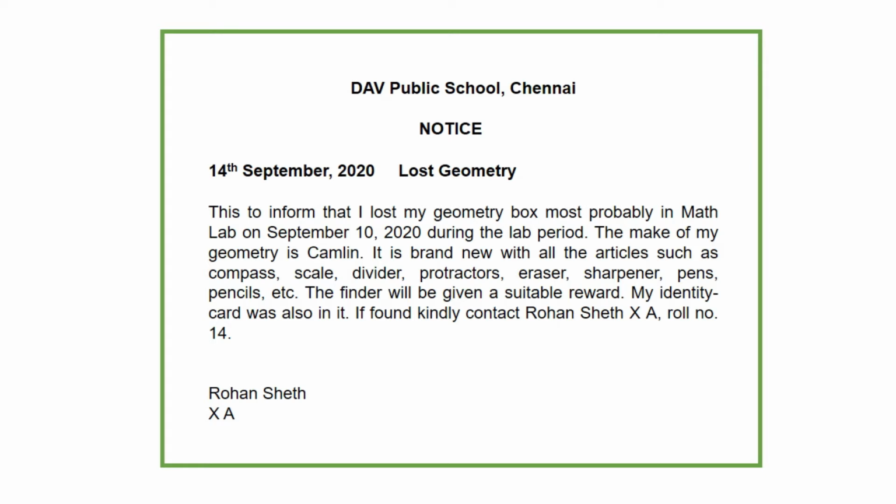On the left hand side, you have to write the date, and then comes the heading of the notice. What should be the heading here? Lost geometry. Yes. Now you have to begin with the body of the notice. This is to inform that I lost my geometry box, most probably in the math lab, on September 10, 2020, during the lab period.